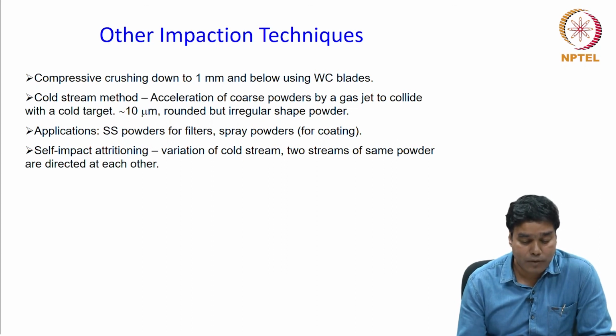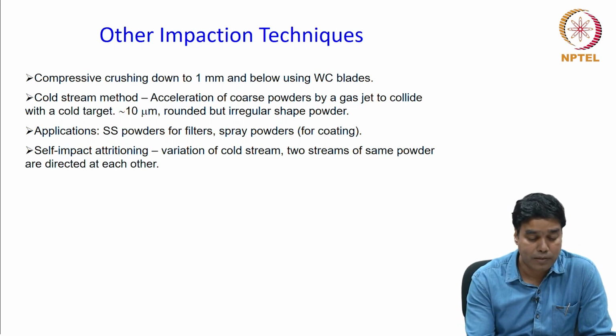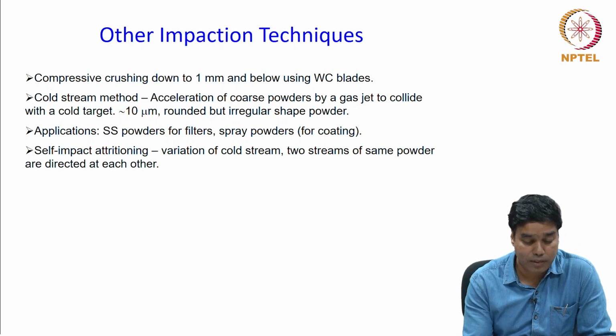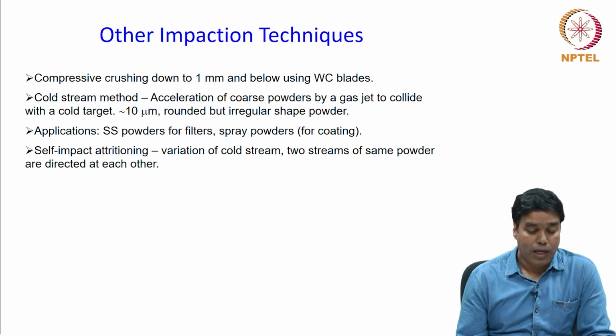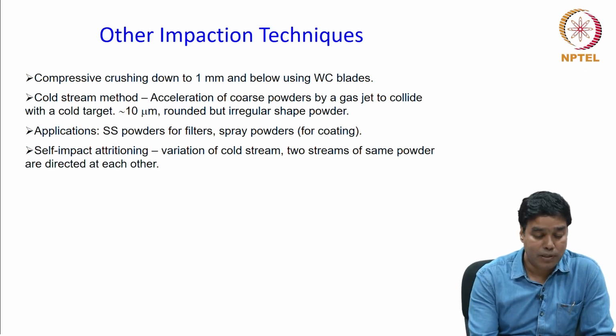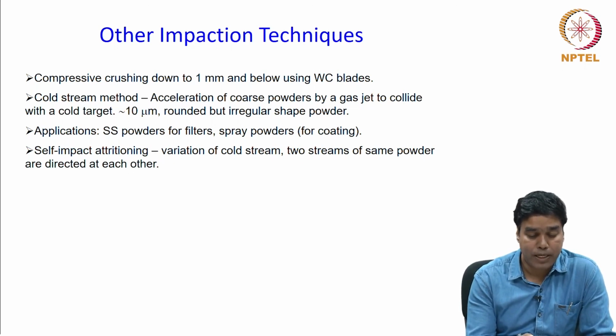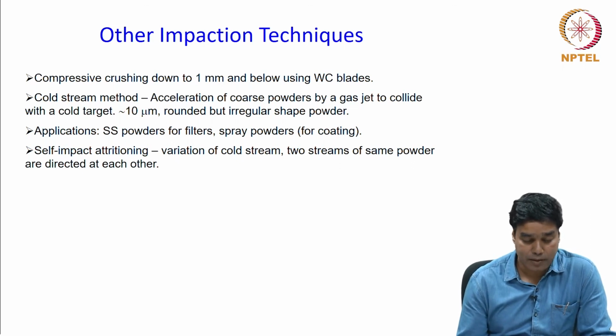In this case you can achieve powders of size around 10 micrometers, and these powders are rounded but irregular in shape. The application of this cold stream method is for making stainless steel powders for filters and spray powders for coating.